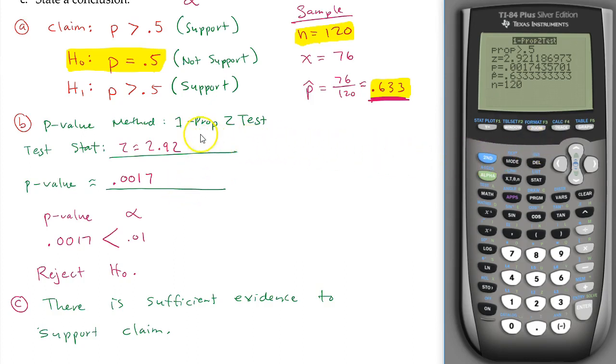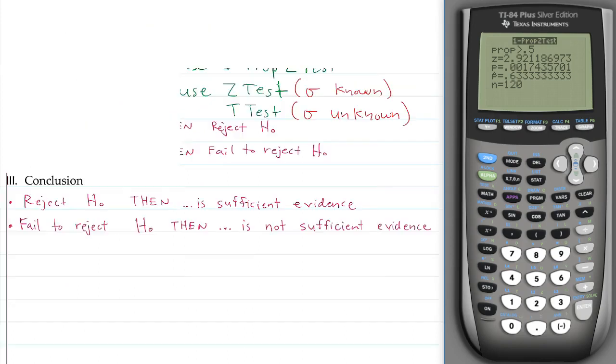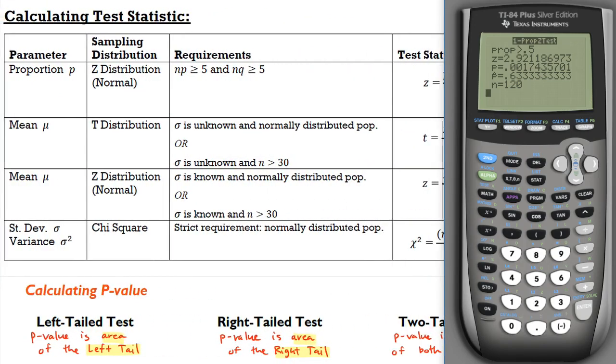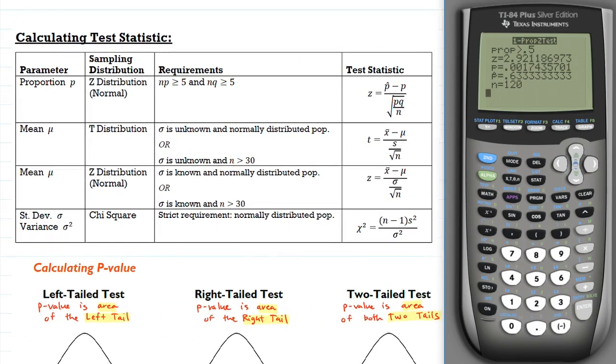The values that we got here, we used the calculator. We used 1-PropZTest, and it was very simple to get. But in certain cases, if you're not getting these answers or your answers aren't correct, you will have to use the formulas to get the test statistic or the p-value. So the formulas are here for the test statistic.